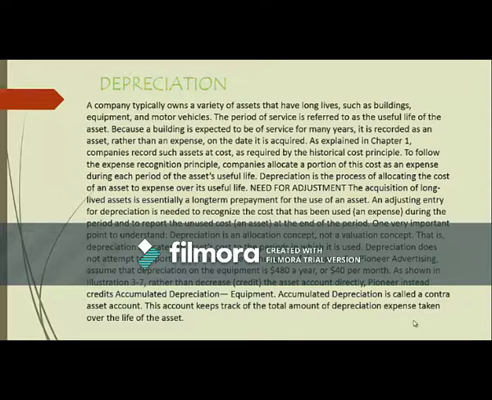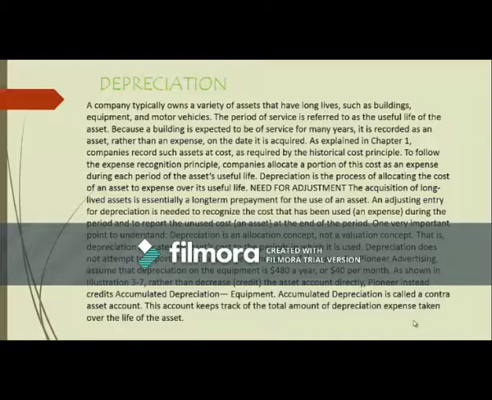Next is depreciation. We know that everything in the world has a particular life. For example, suppose a chair has 5 years of life. So within 1 month or 1 year, it is losing its useful life.